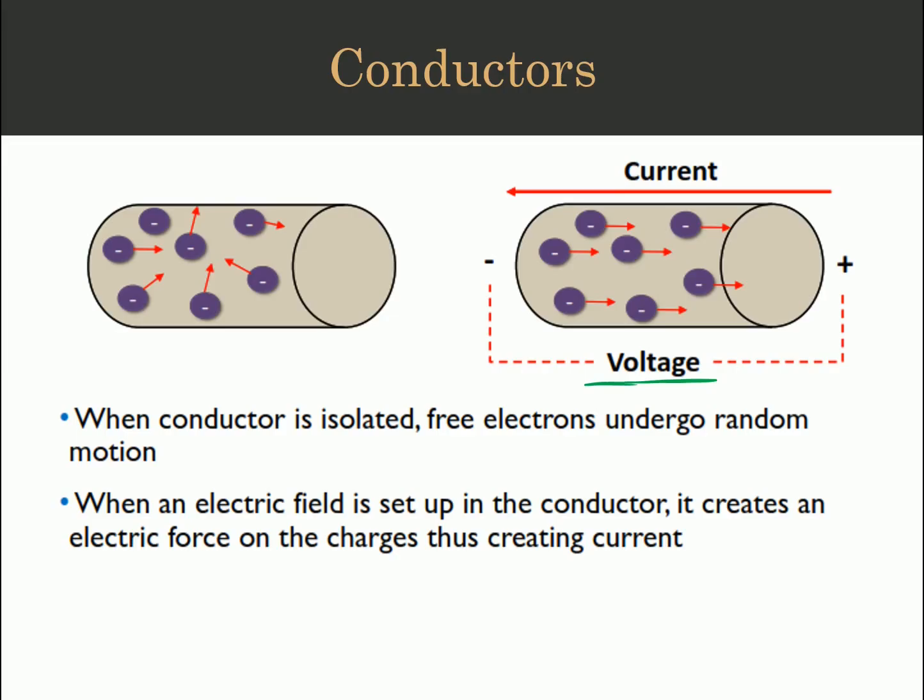So if we have negative charges inside the conductor, they will move towards the positive end of the battery, and if you have positive carriers, or let's say minorities, they will move towards the negative end. Thus polarization is achieved, where one side becomes heavily positively charged and the other becomes heavily negatively charged, and we say this is how the external field affects the charges inside the conductor.